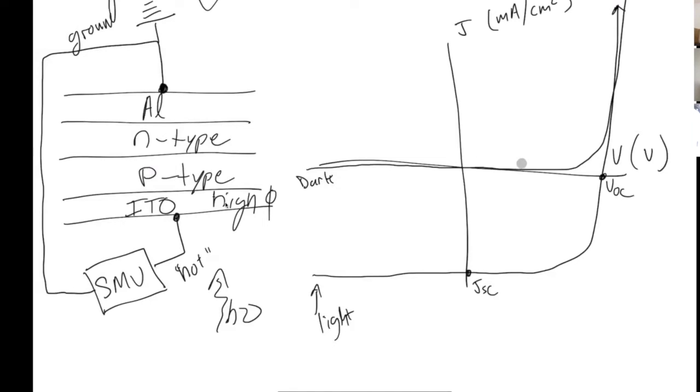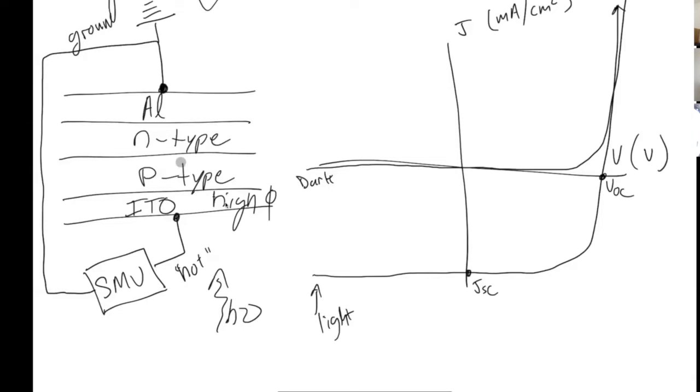Once you get to a certain point over here, where you apply a large enough positive voltage, you get to the point where you're putting positive charges into the p-type material, and the p-type material likes transporting positive charges.